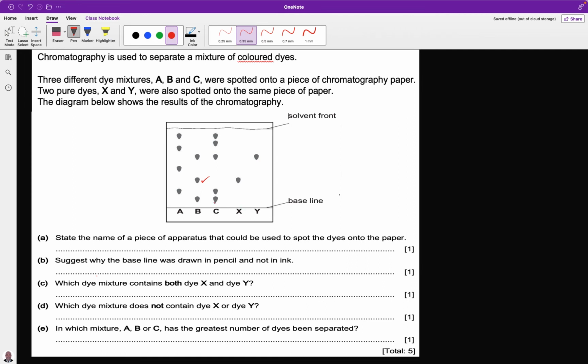X is present in B. Y is here too. So for C, which dye mixture contains both dye X and dye Y, the answer is B. The dye here in B is present in X, and this dye here in B is also present in Y. So our answer for C is B.